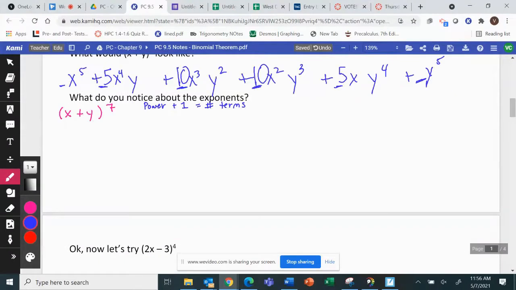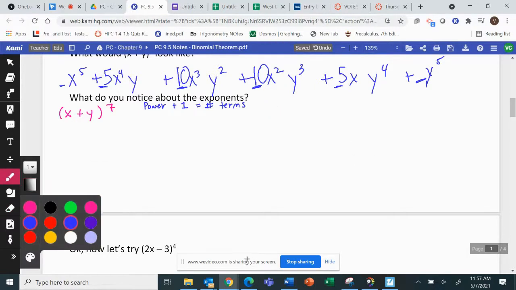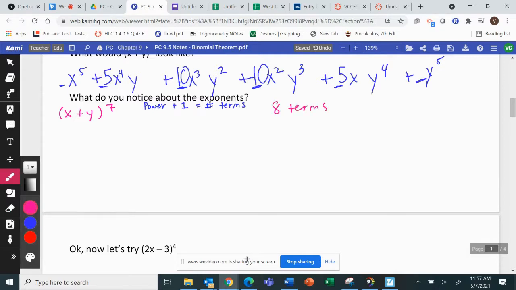So I'm going to have 8 total terms. One, two, three, four, 5, 6, 7, 8. So I've got space for 8 terms.